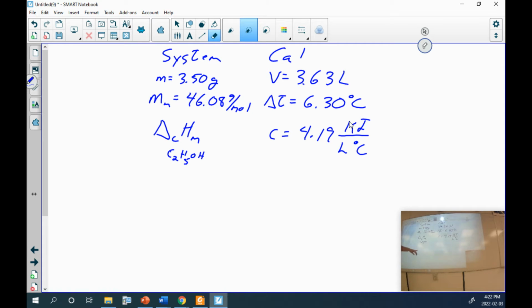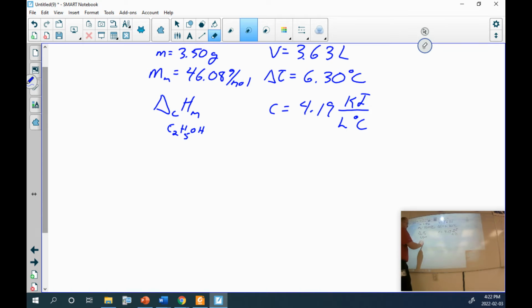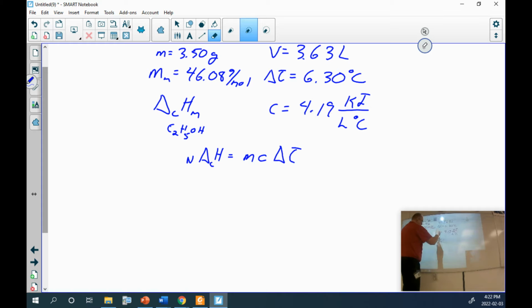Okay. So that's what we're looking for. So we start with this idea of the energy change of the system is equal to the energy gained or lost by the calorimeter water. Now, in this case, it just says water. If it was an aluminum cup, I might include something different in there.